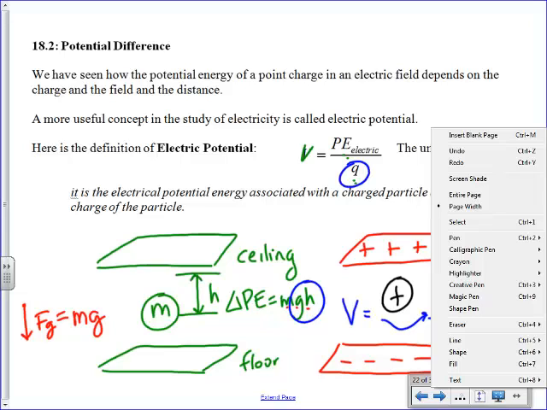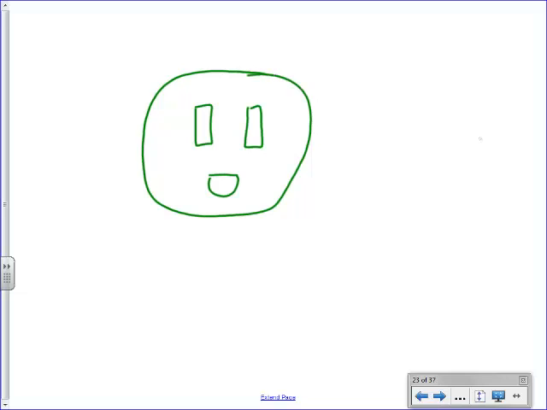So when you look at an outlet, what an outlet does is it has a potential difference across the two prongs, the places where you put the plug.